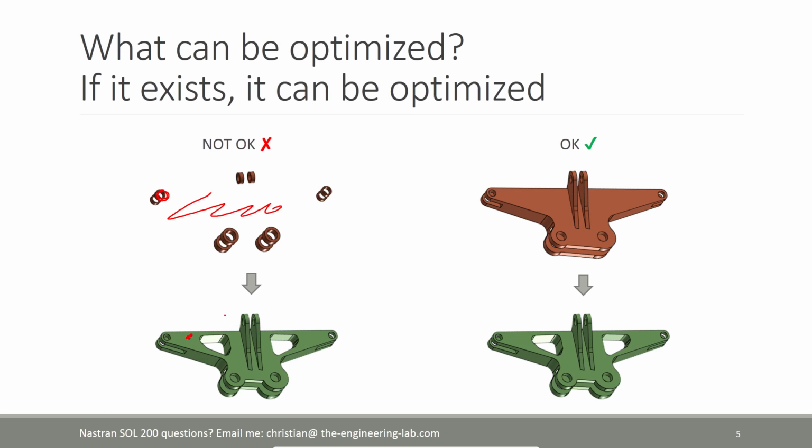That's not how the optimizer works. Here on the right, on the other hand, you have existing material. This is what the optimizer can modify for you. Again, if you have something already defined in your finite element model, it can be improved with Nastran Solution 200. It can be optimized.